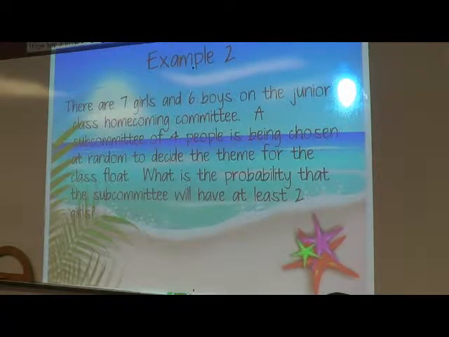Now, this is a little different because they're asking us at least 2 girls. So we know there are 7 girls total. So it could have 2 girls, it could have 3 girls, or it could have 4 girls. It could be totally girls. So for this particular event, we need to figure out 3 different probabilities.